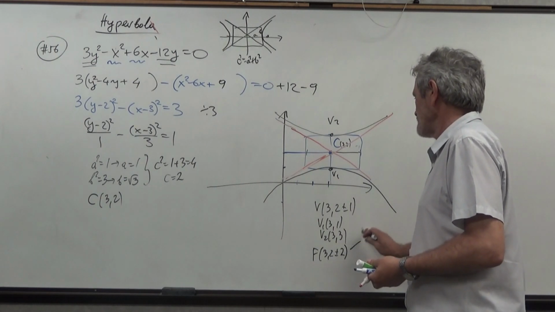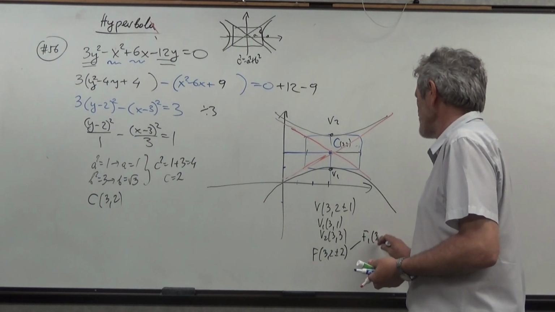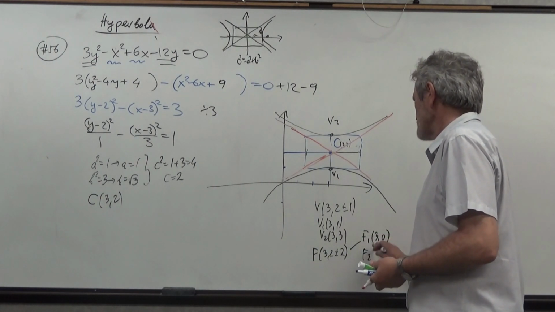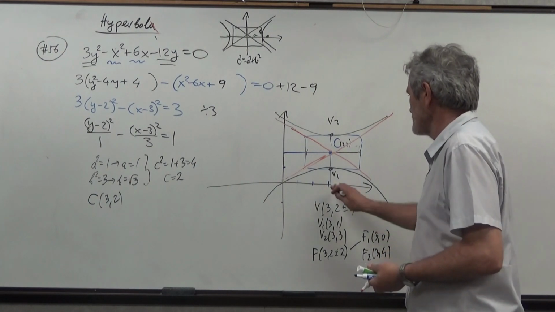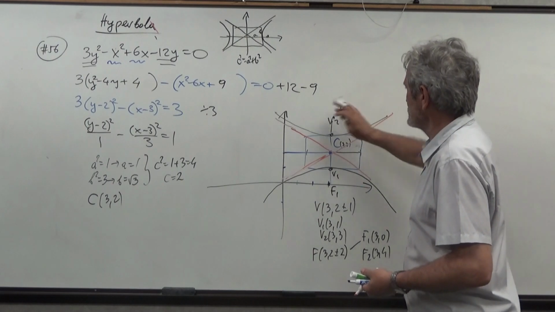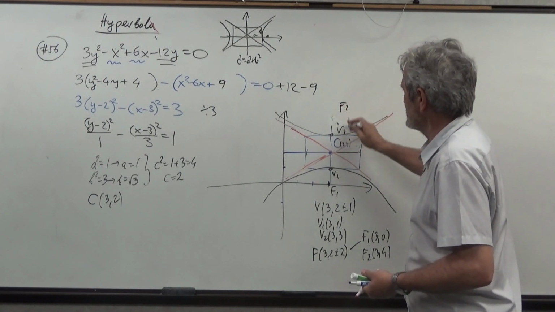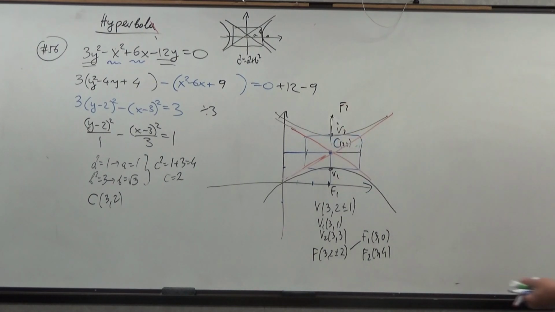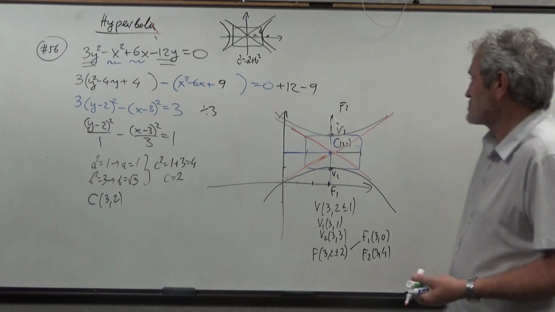So focus 1 will be (3, 0) and focus 2 is (3, 4). So here they are: focus 1 here, and focus 2 here.